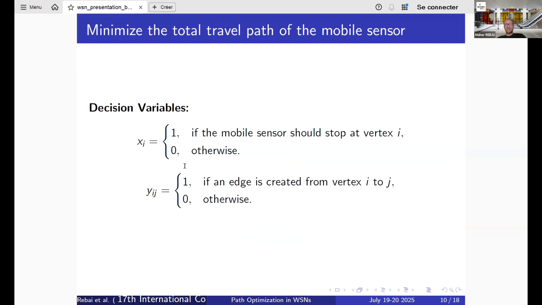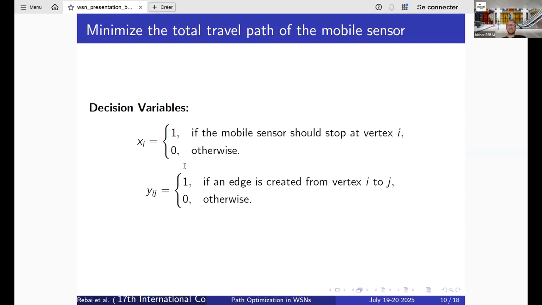For step 3, which consists of minimizing the total travel path of the mobile sensor, we have also proposed a binary integer linear programming model, which uses these decision variables. The first decision variable is called xi, which takes one if the mobile sensor should stop at vertex i and zero otherwise.